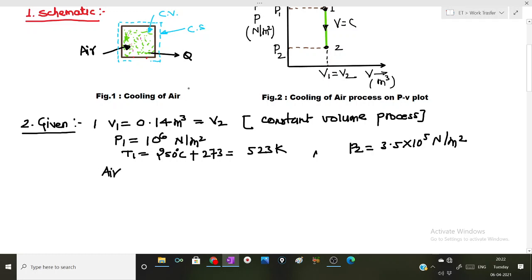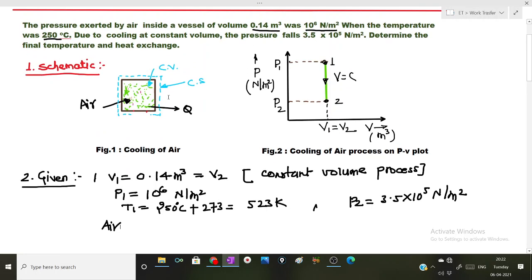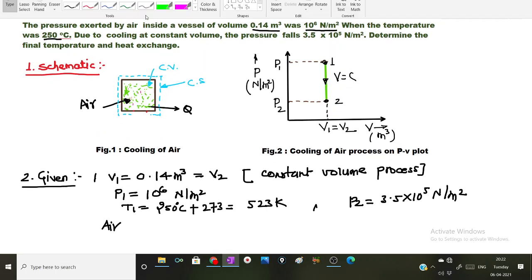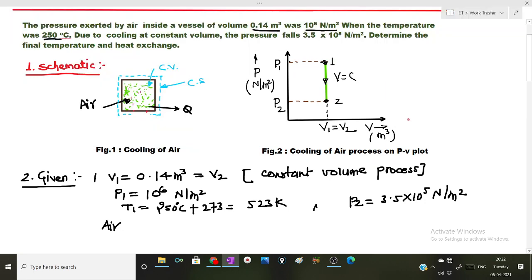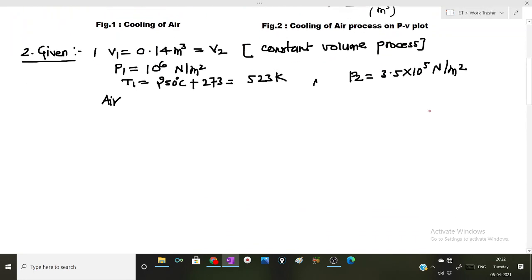Now here, one point worth remembering is that whenever air is given as working fluid or working gas, the following properties are to be remembered for air unless otherwise mentioned. Cp value is 1.005 kilojoule per kg per Kelvin.